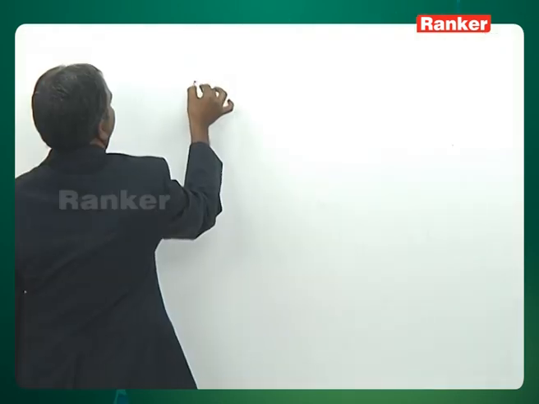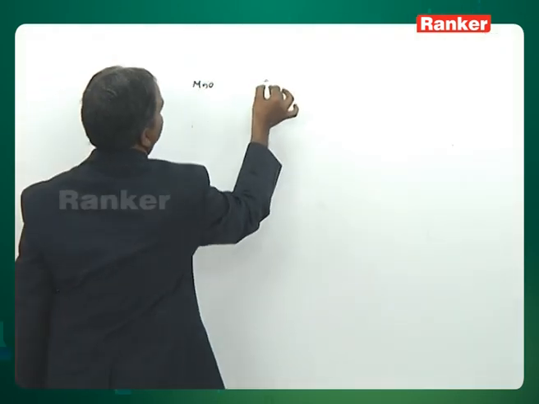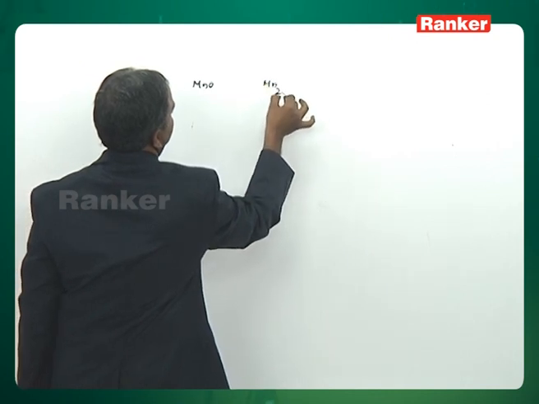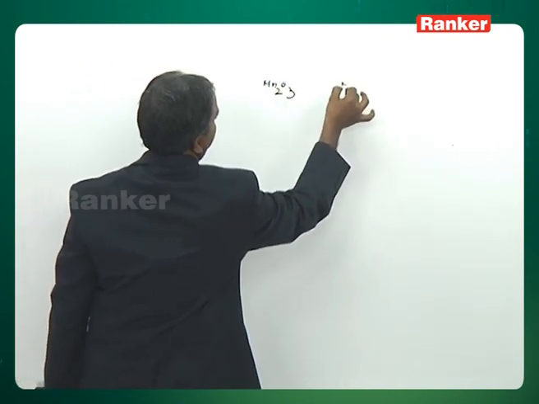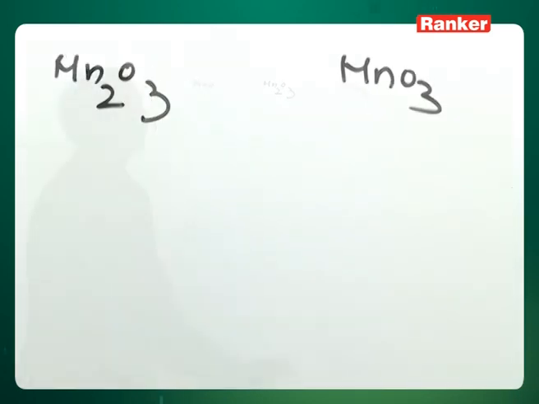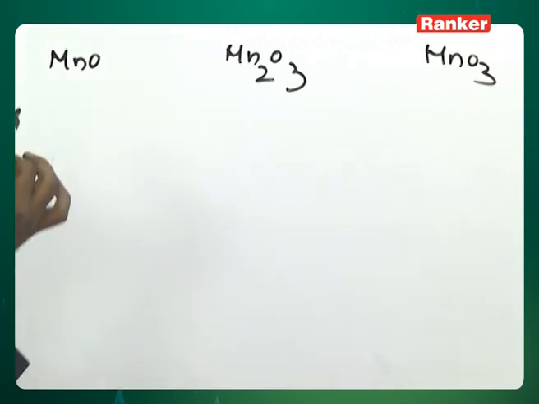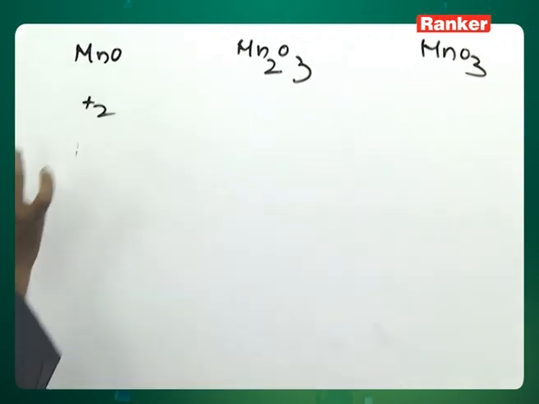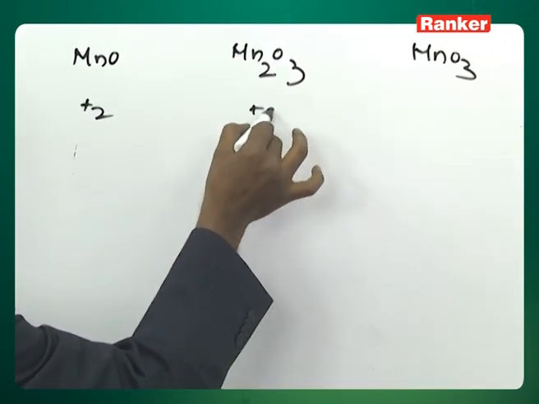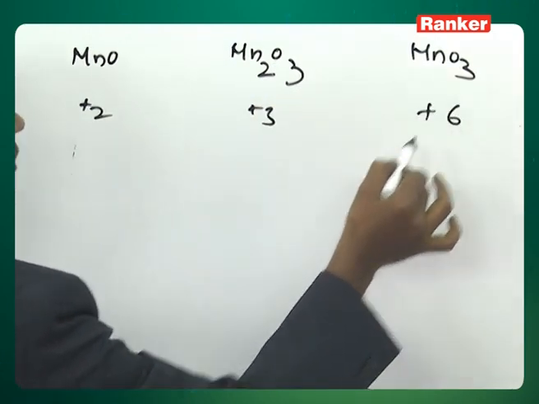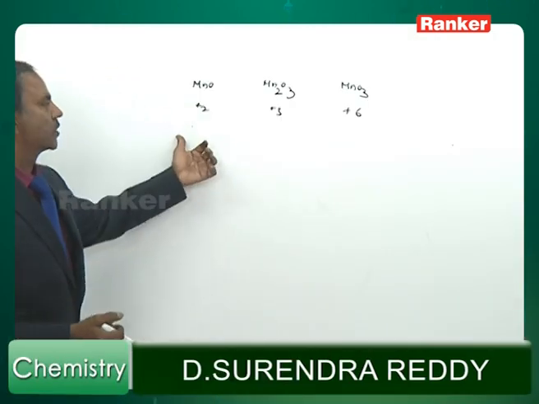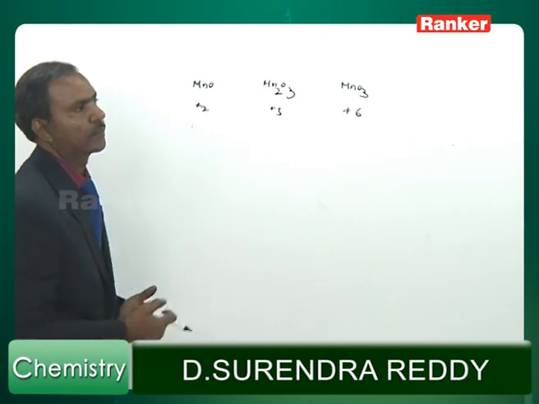Next, you are given compounds like MnO, Mn2O3, MnO3. What is the oxidation number of each? Plus 2, plus 3, plus 6.